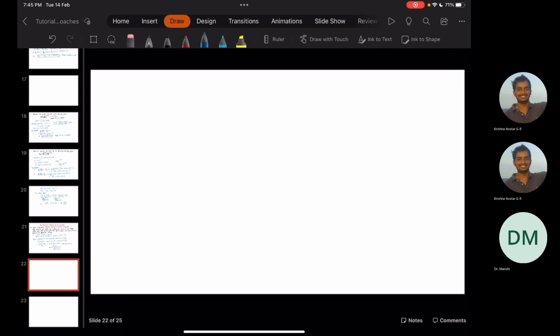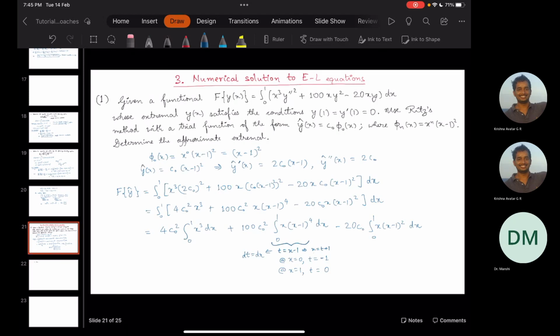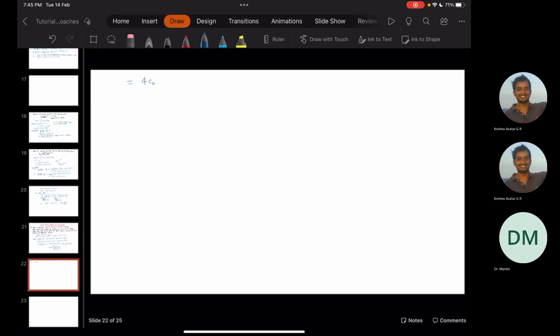So this will be 4 c naught squared, and the integral of x cubed from 0 to 1 is nothing but x to the power 4 by 4.